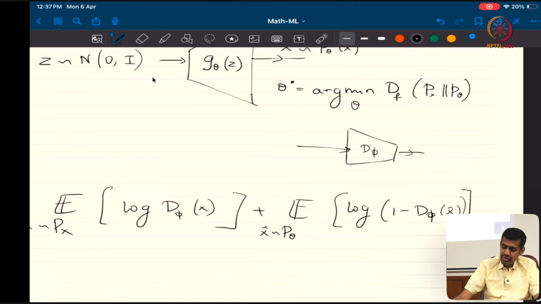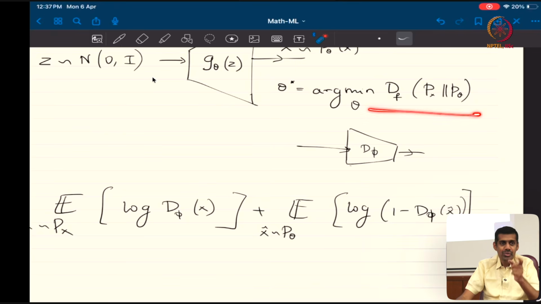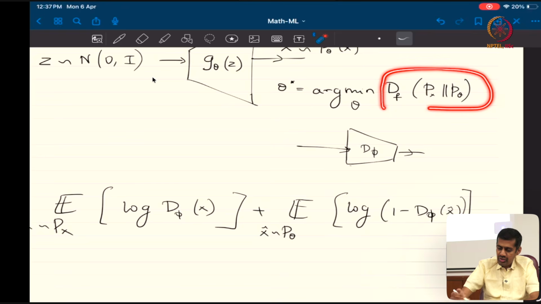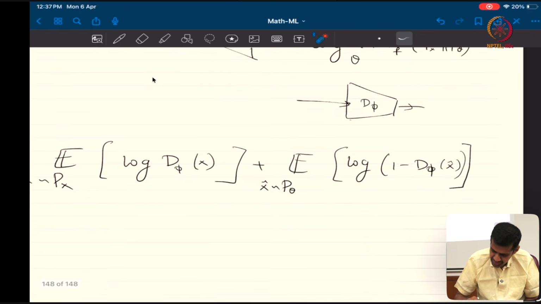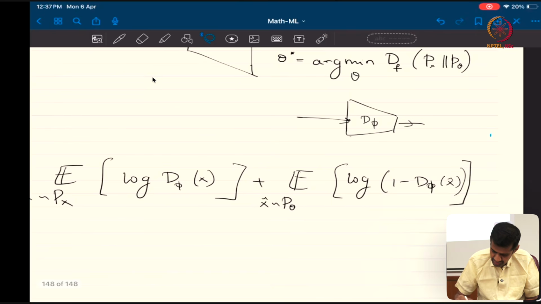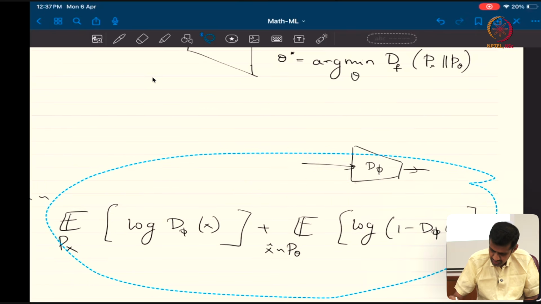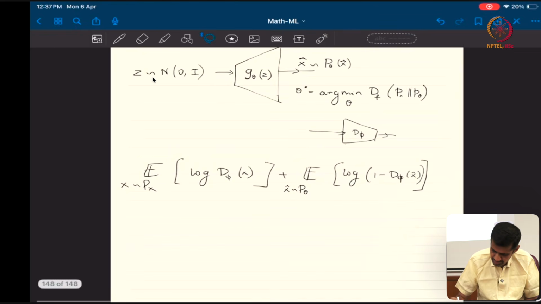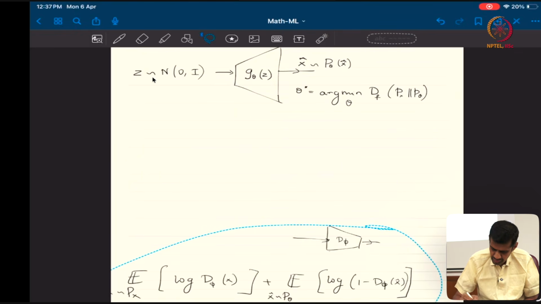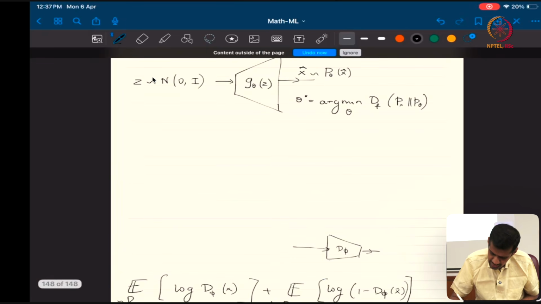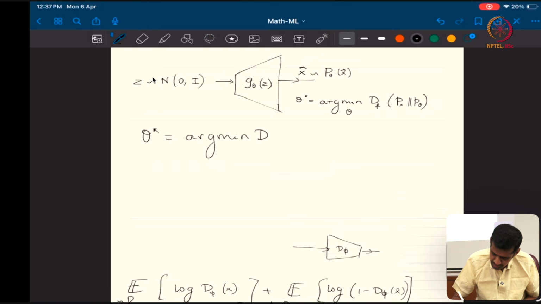Where does this D come from? This D comes up when we construct the lower bound on the divergence metric. Here is how it happens. Let me actually do a little bit of math so that it is complete. What we want to do is minimize this: theta star is the minimizer of this divergence metric.